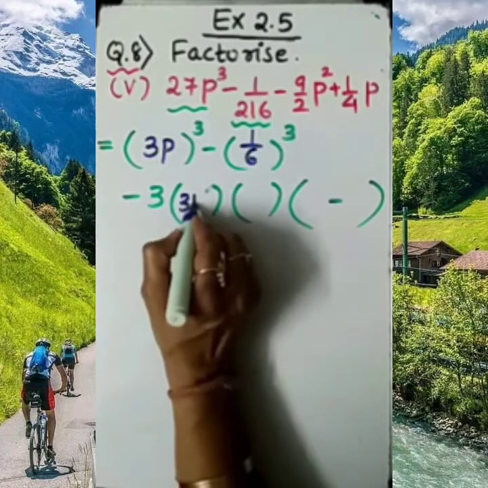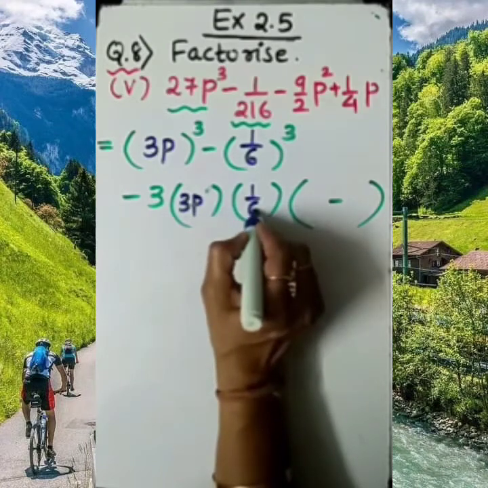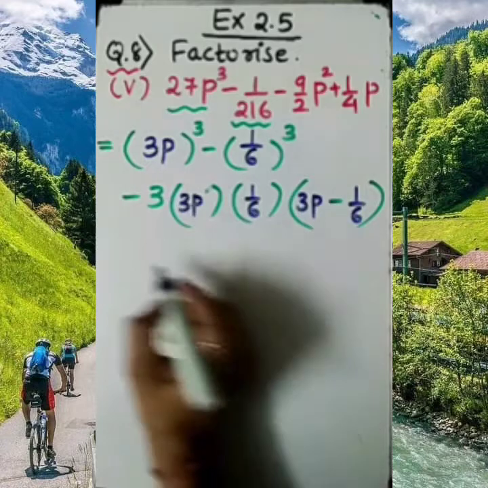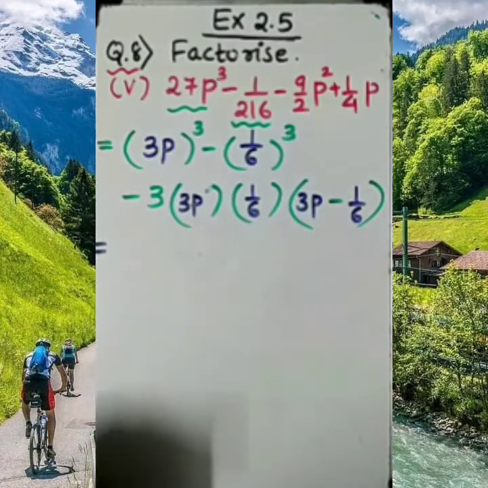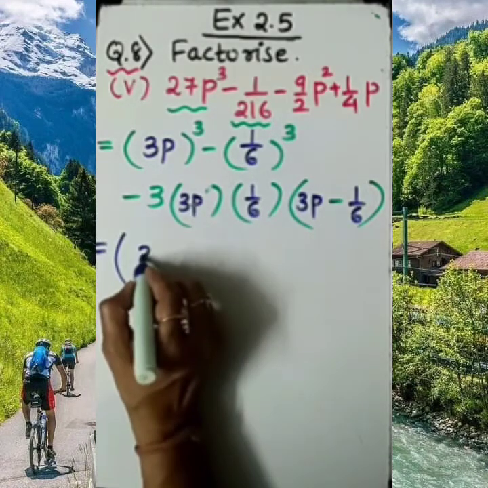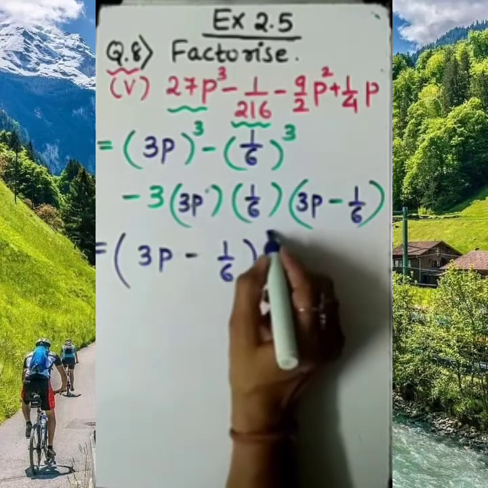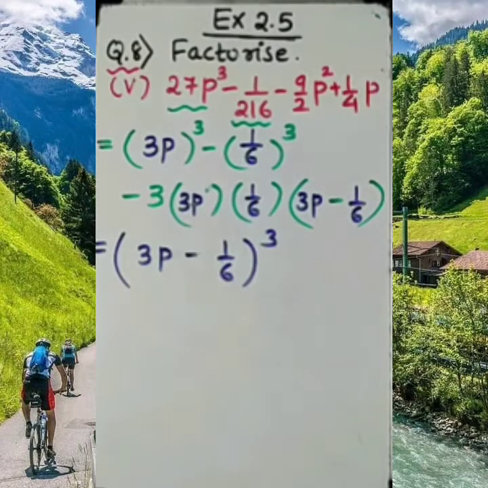First term 3p, second term 1 by 6. Clear to you? So next step, very easy. The first step is 3p minus 1 by 6 whole cube. Nothing I have done, I have just written the first term, 3p minus 1 by 6 whole. This is the solution of question number 8, the fifth part.